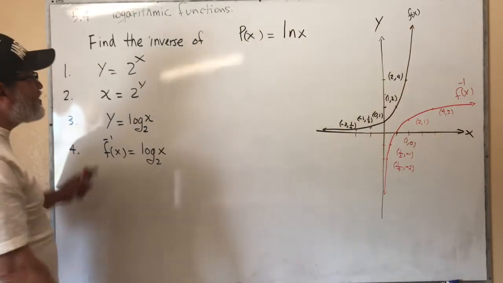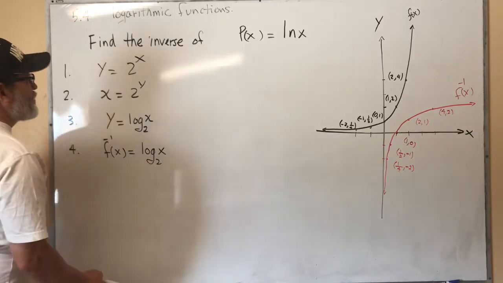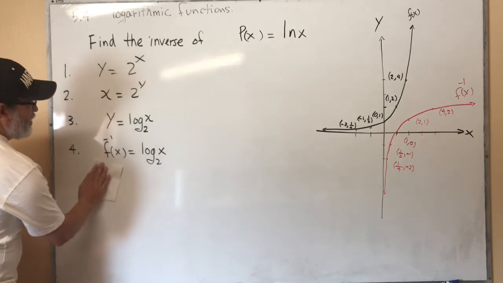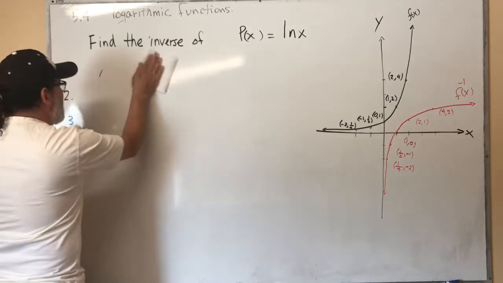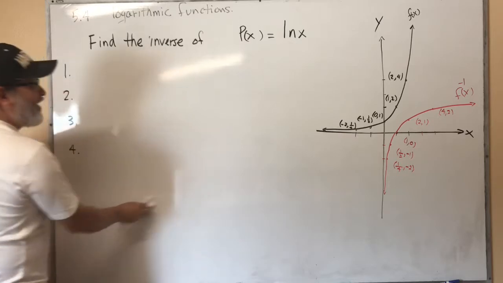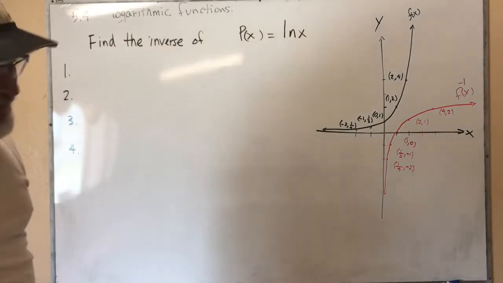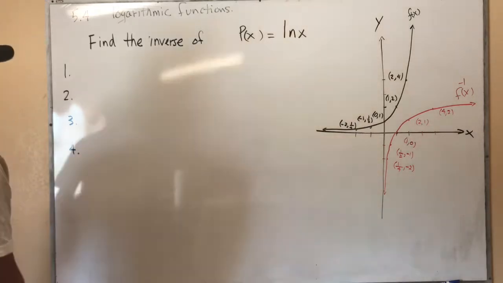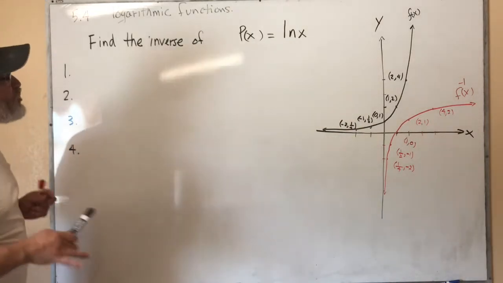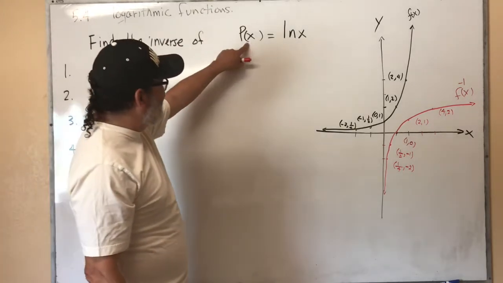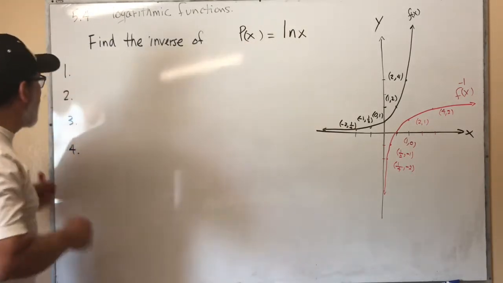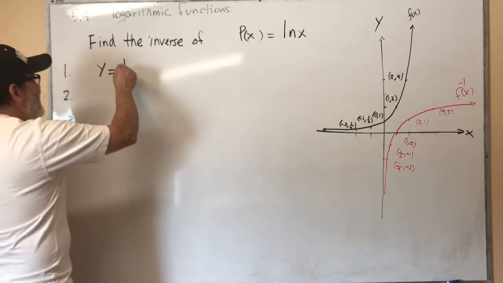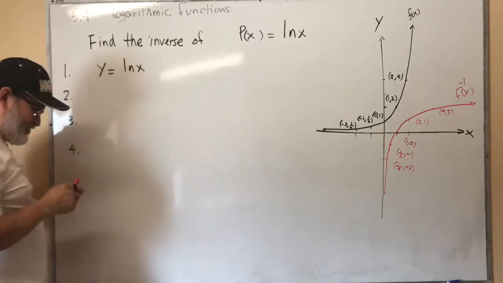All you have to do is this. Watch this. Can you find the inverse of that? Just for fun, sure we can. What's the first step? Call this y. Y equals ln of x.